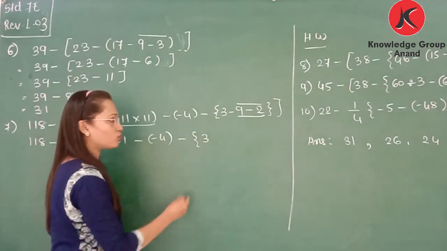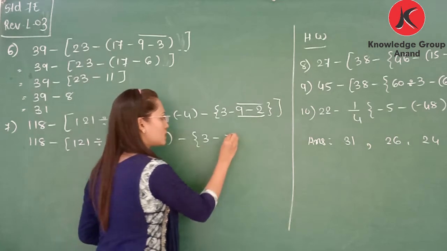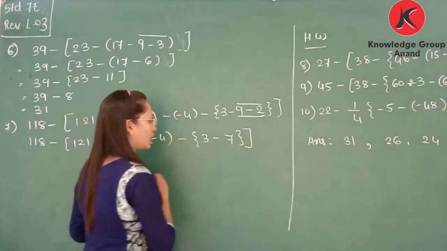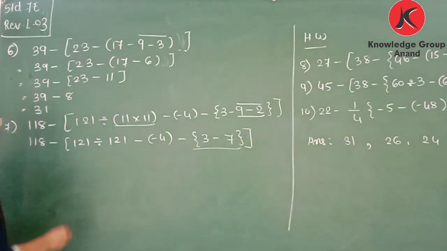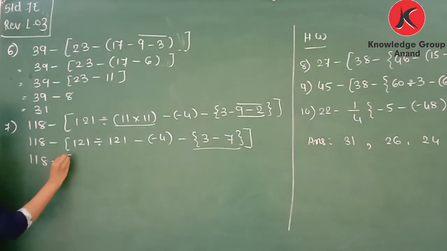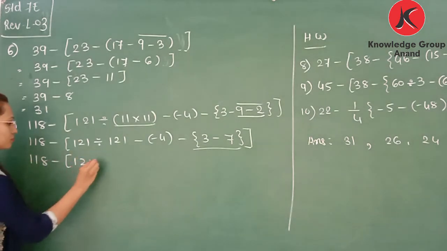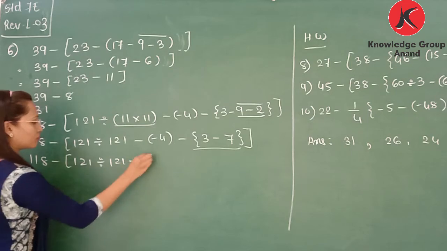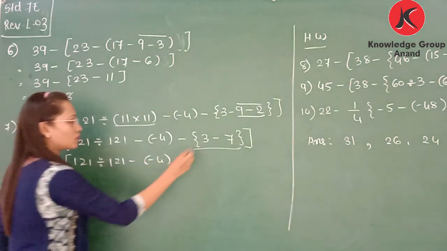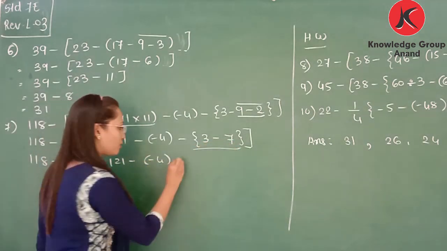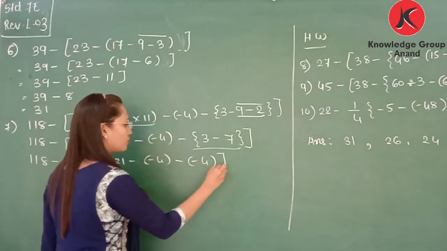Inside the bracket we have 3, 9 minus 2 is 7. Now again we have a bracket. Remaining terms as they are. 3 minus 7 is minus 4, so we write minus 4 here.